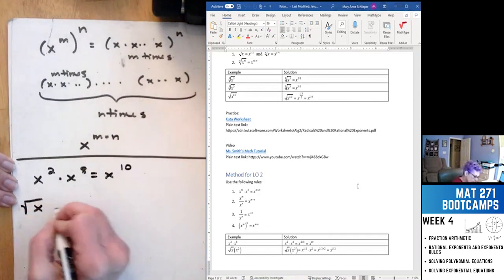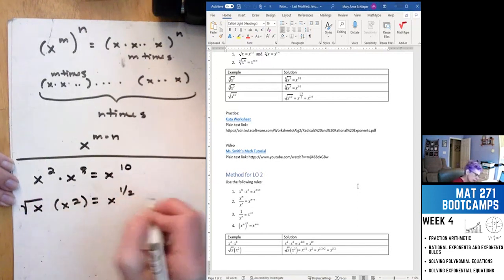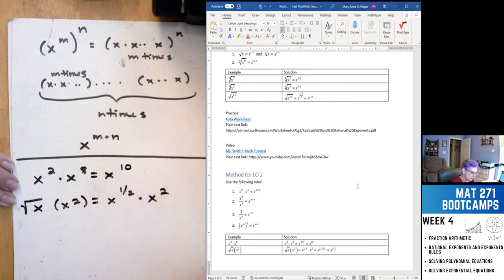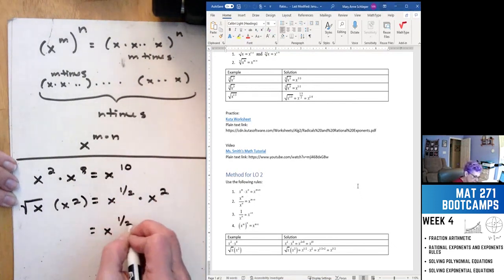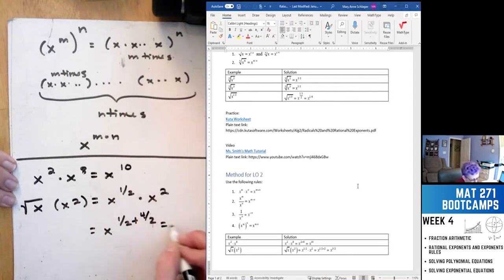Square root of x times x squared is the same as x to the 1/2 times x squared, which is x to the 1/2 plus 2, and 2 is 4/2. So that's x to the 5/2 power.